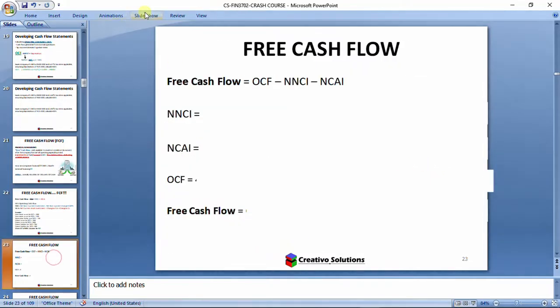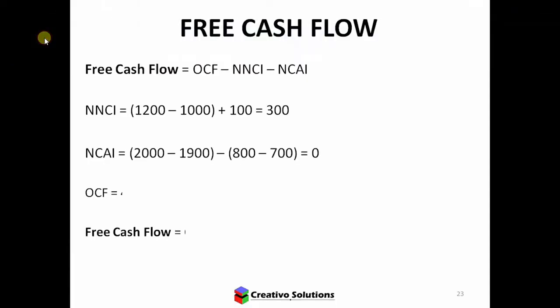Correct. So if you look at the working, you've got plus 100 minus plus 100, which gives you no change. The net change in your current assets is 0. Because you managed to increase your current assets and your current liabilities, they offset each other. So I don't need any additional investment in current assets.